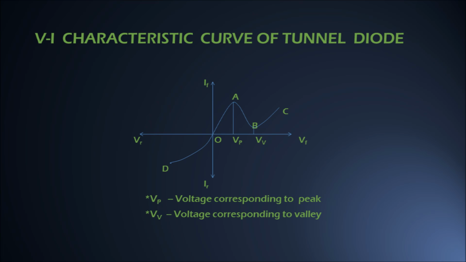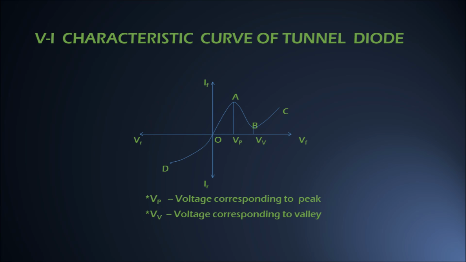A considerable amount of current flows through the tunnel diode when it is forward biased or reverse biased, as shown in this figure. The forward current acquires a peak value at a particular voltage denoted by V with subscript P, and then it starts decreasing with increase in voltage beyond Vp.